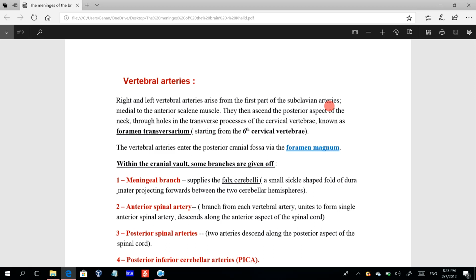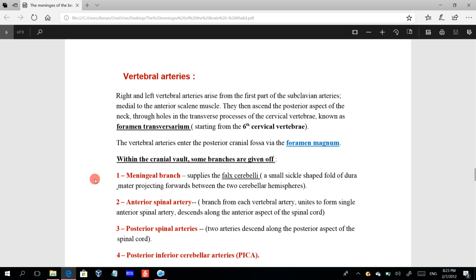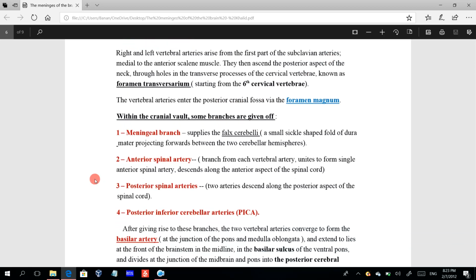Within the cranial cavity, some branches are given off. The vertebral artery, once it enters the cranial cavity, it gives branches. What are these branches? Number one, we have the meningeal branch. Of course, it supplies the meninges in that area.